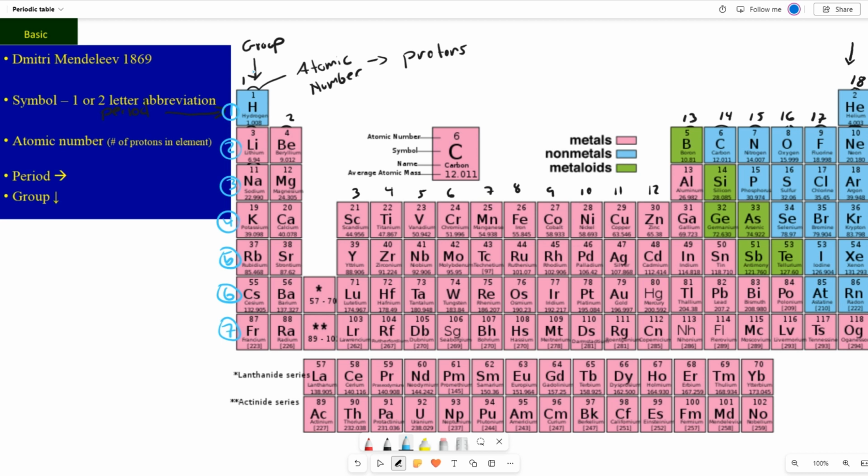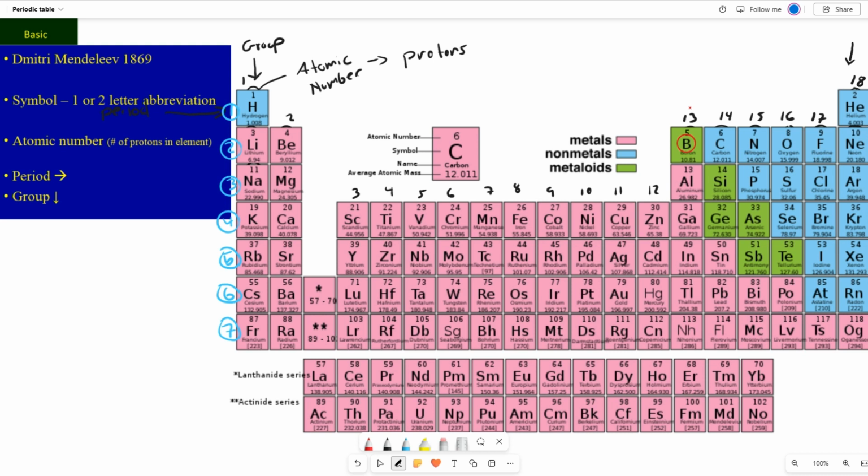Now, this group and period system is very useful in kind of triangulating where an element is. So you could say to someone, okay, which element is in group 13 and period 2? Okay, so you would just go over to group 13 here, and then you would go down to period 2, and you would see that is boron.